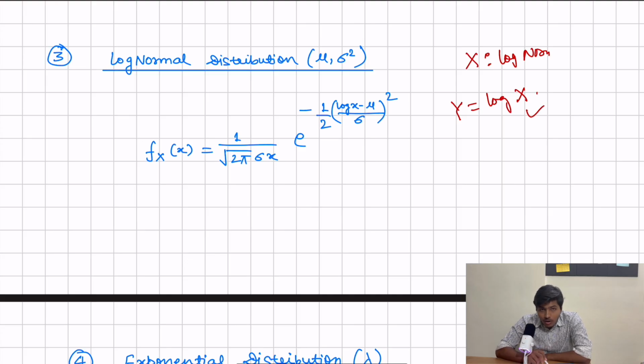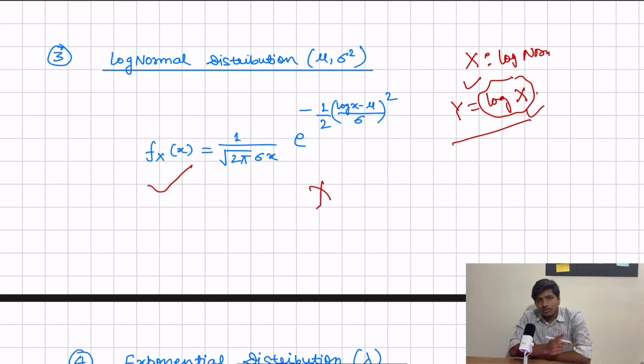If x is log normal, then log x will be normally distributed. That's why I am using the similar parameters mu and sigma squared. But don't confuse that mu and sigma squared are the mean and variance of this distribution. You have to calculate the expectation value of x in order to calculate the mean and variance of the log normal distribution.